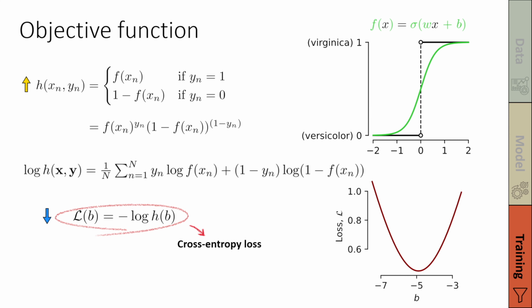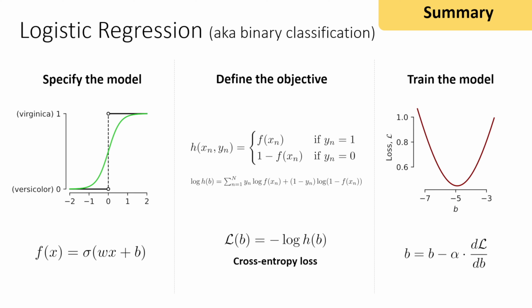One last point is that the loss function that we derived here together is actually a commonly used loss function for classification, and it's called the cross entropy loss. Just in case you're interested to look it up online. Let's summarize what we talked about in this section, which was about logistic regression, also known as binary classification.